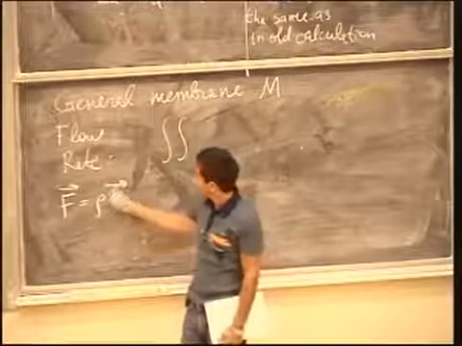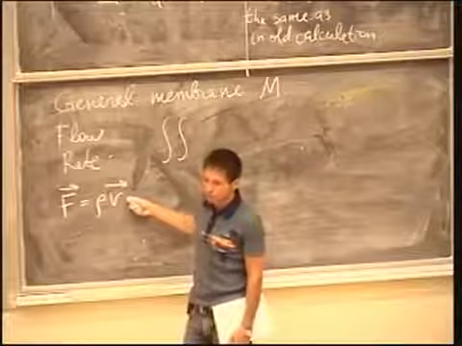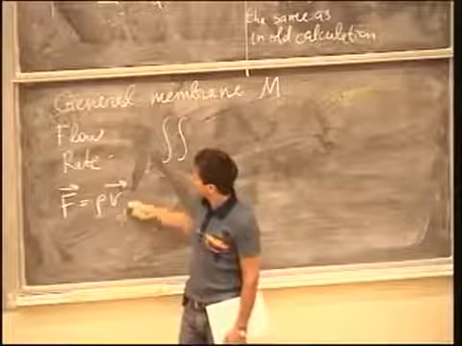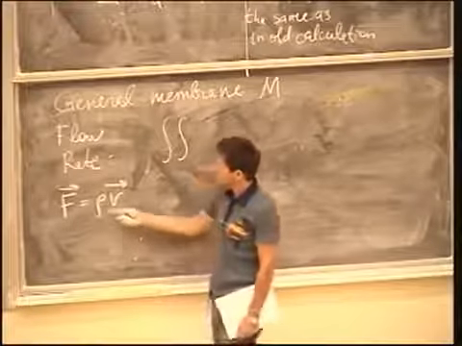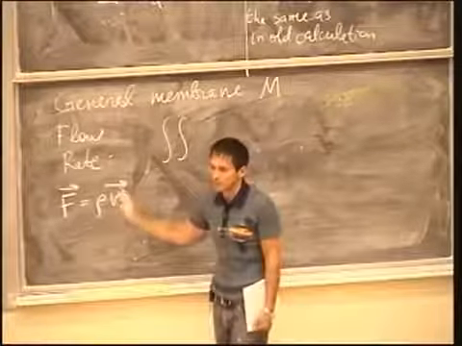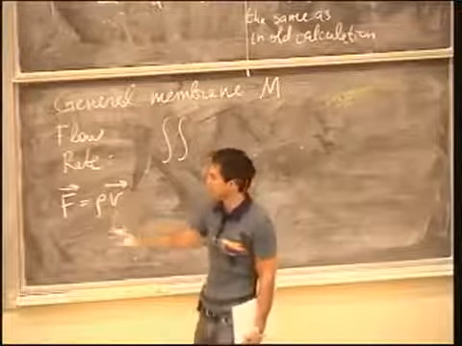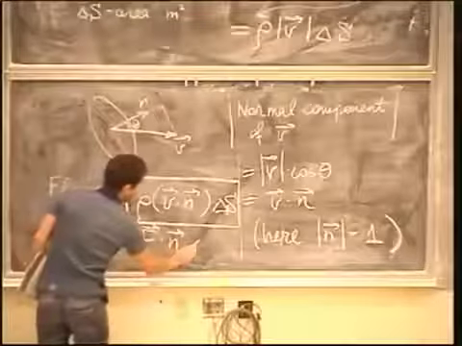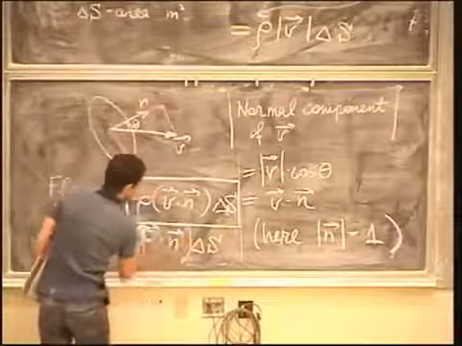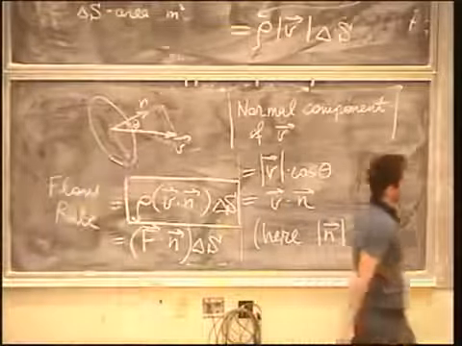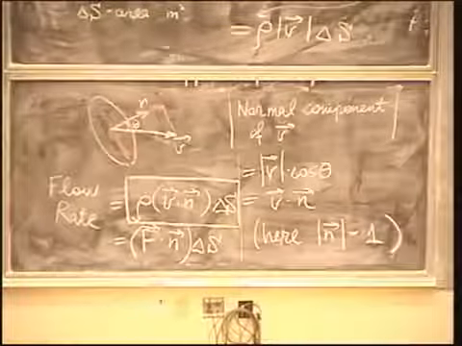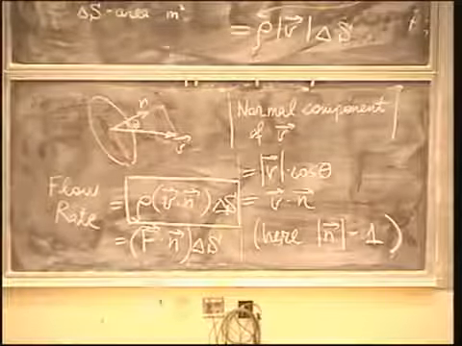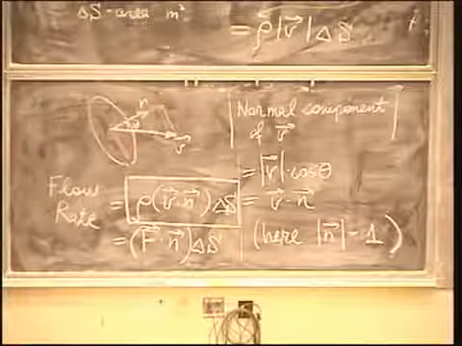That's fine, and the velocity vector field is not constant. But let me just isolate the product of the two as a particular vector field. The formula will be nicer this way. So then, if I do that, this can be written as F dot n times delta S. So what I end up with is an integral over M of F dot n dS.